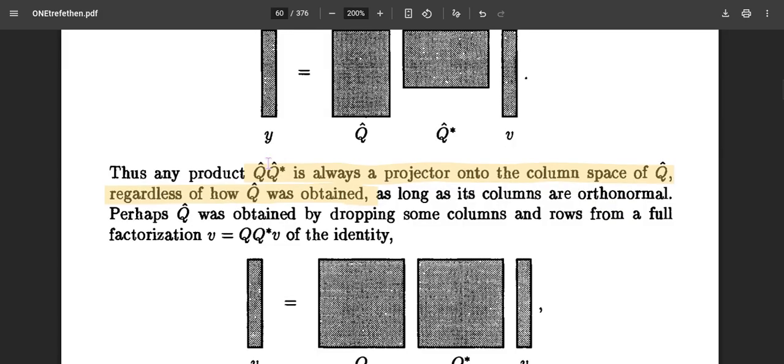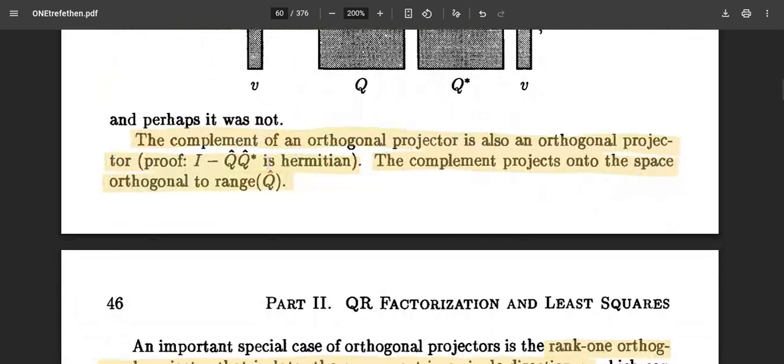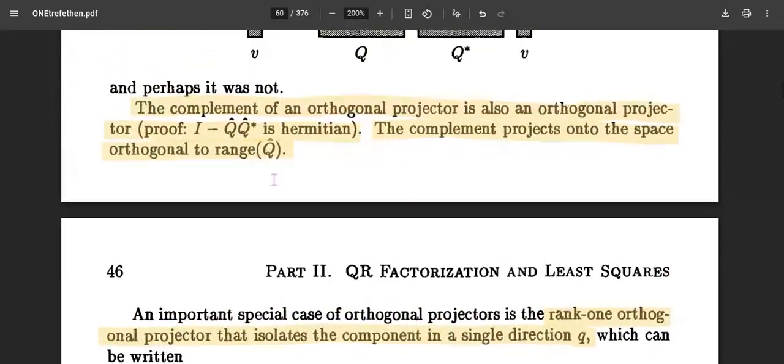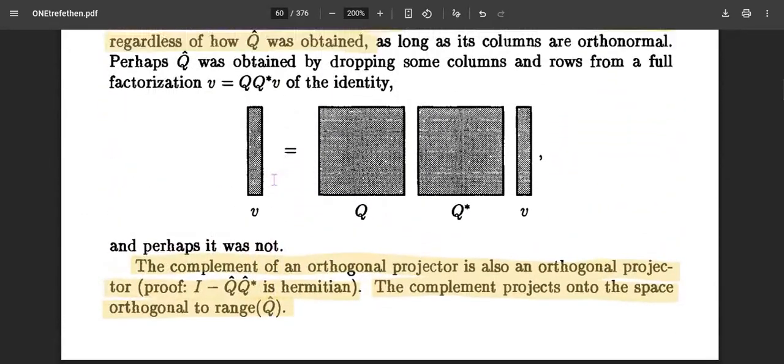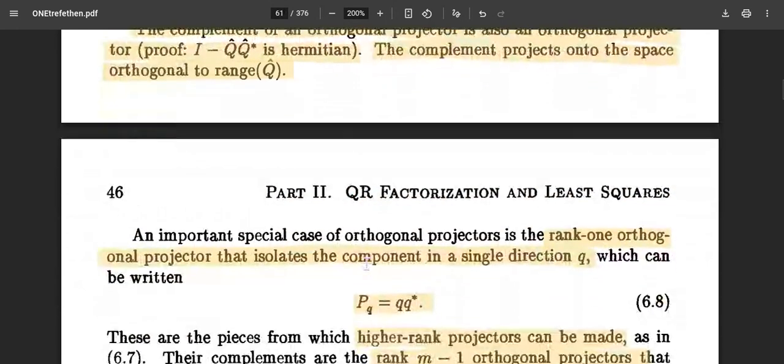Then r is orthogonal to this y. We can also make a complementary projection using this concept, I minus Q Q transpose, and this also seems to be orthogonal because it satisfies the property that I minus P is also symmetric, or Hermitian in the complex case.